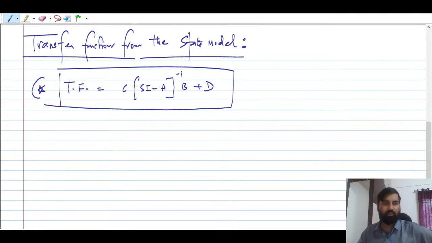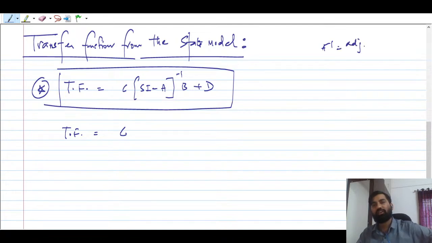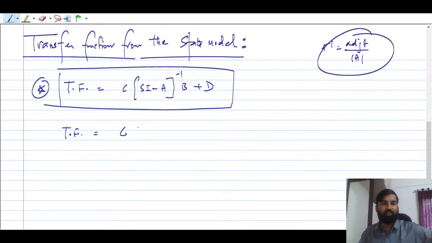You can also write this transfer function as C times A inverse, and for any matrix, A inverse is the adjoint of A upon the mod of A. So here also you can write the adjoint of (sI minus A) upon the mod of (sI minus A), then times B plus D.